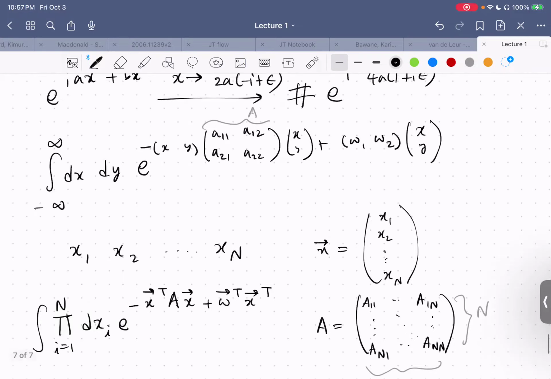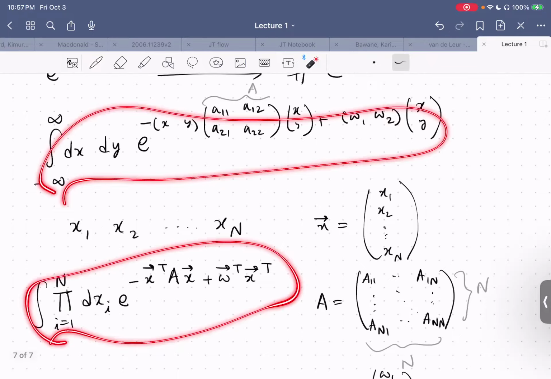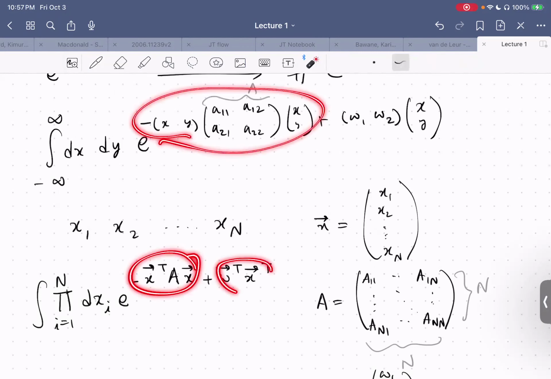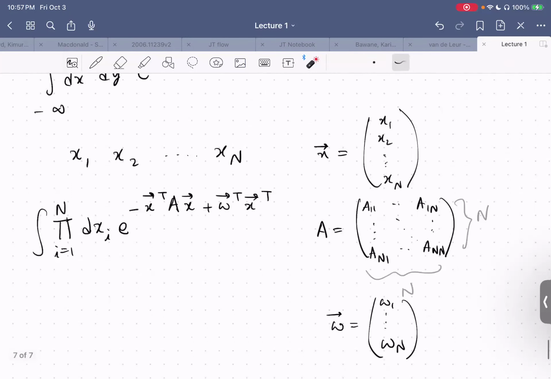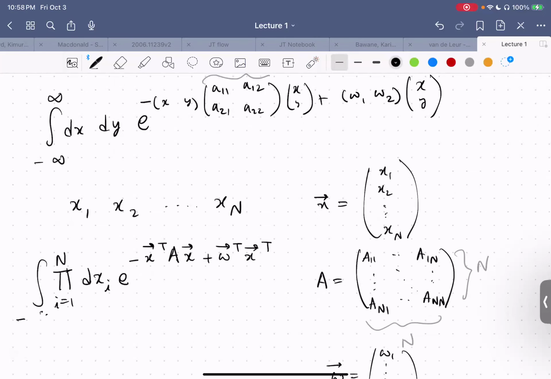Okay. This is just a higher dimensional version of the same thing, right? This is the same as this, and this is the same as this, but for n component vectors. And in this integration, again, the limits are all from negative infinity to positive infinity.